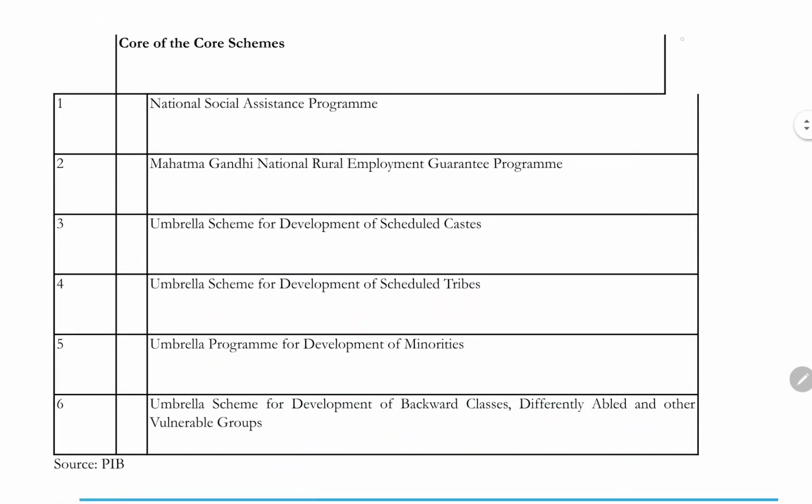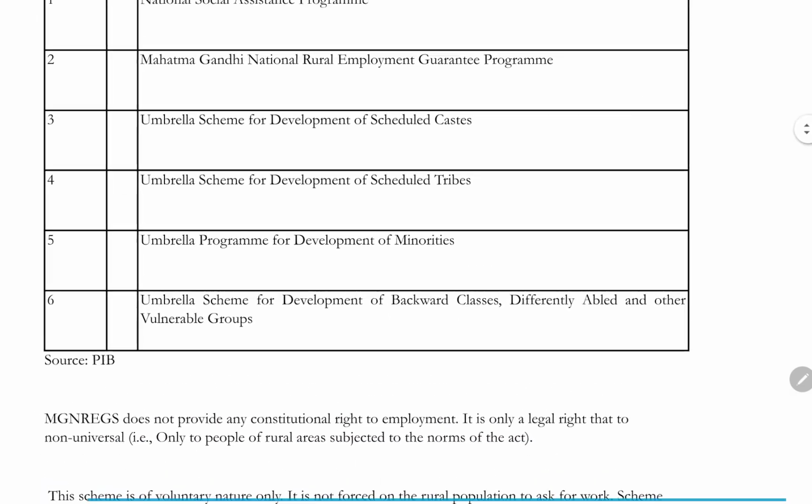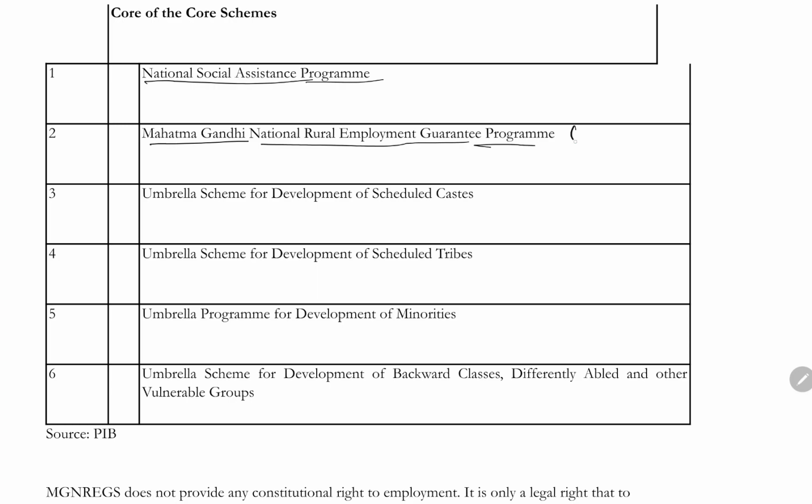Now, if we talk about the core of the core schemes, there are a total of 6 schemes that come under the core of the core schemes of the Government of India. The first is the National Social Assistance Program. Second is the Mahatma Gandhi National Rural Employment Guarantee Scheme, known as MGNREGA.